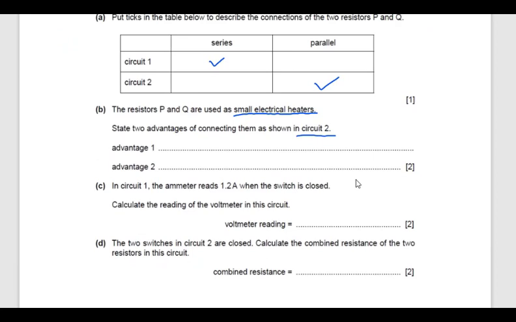So let's write the first one. The heaters can be switched on and off independently. That's the first one.